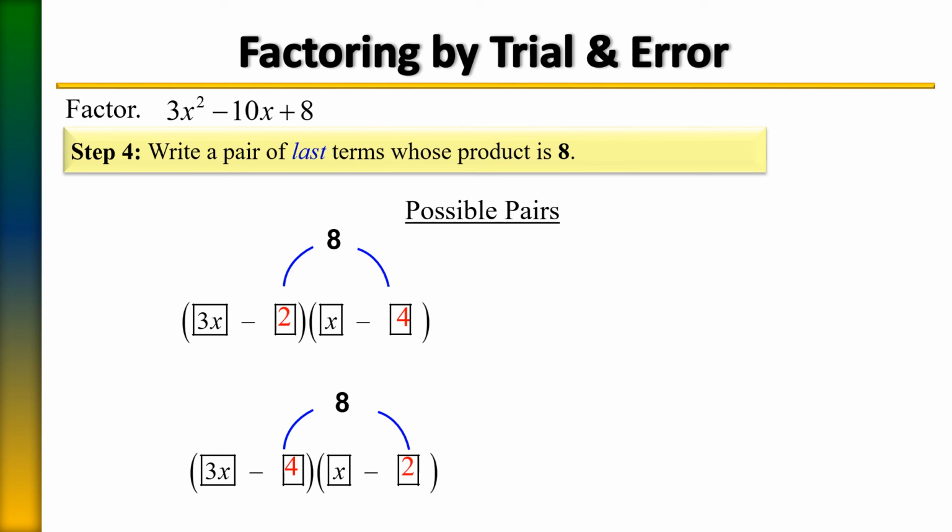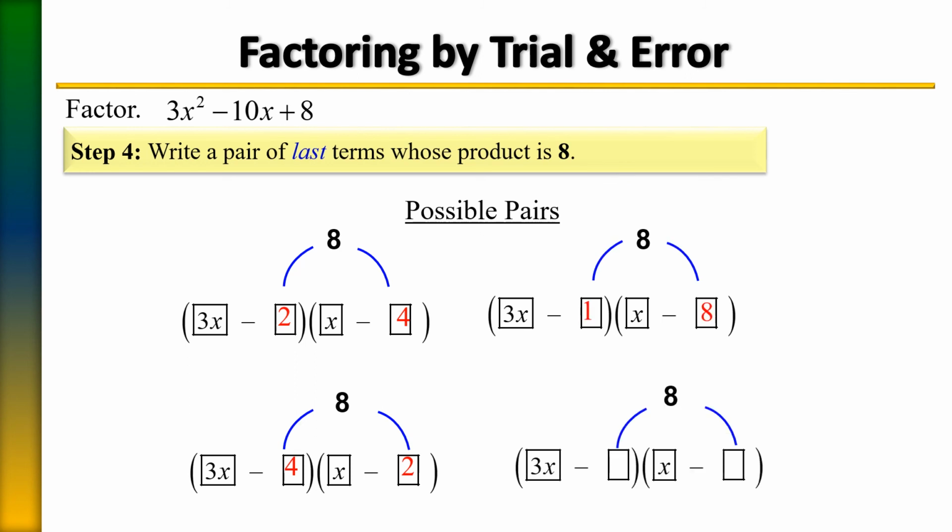Next, if those two don't work, then we want to try our pairs with the 1 and the 8. So you can try it with the 1 first and then the 8, and then try it again with the 8 and then the 1. But the bottom line is, whenever the coefficient is some number other than 1, you have to try it both ways if it doesn't work the way that you have it the first time.